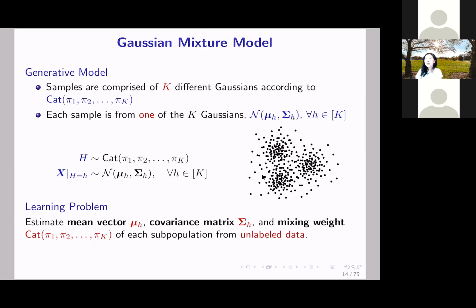Even for images you could consider that, but it's a very, very high dimensional space. Nonetheless, you get all these data points, your training data sample. Now you're trying to learn the mean vectors mu h, the covariance matrices sigma h, for all h from 1 to K, and a mixing weight.